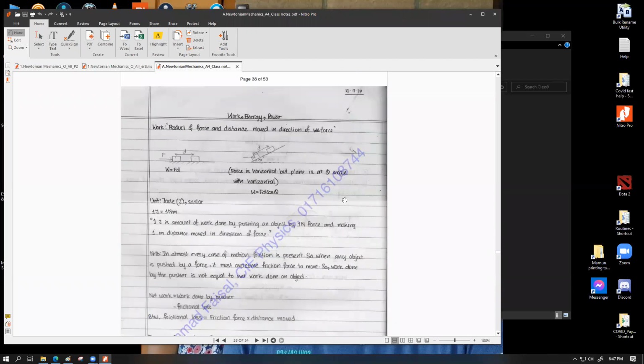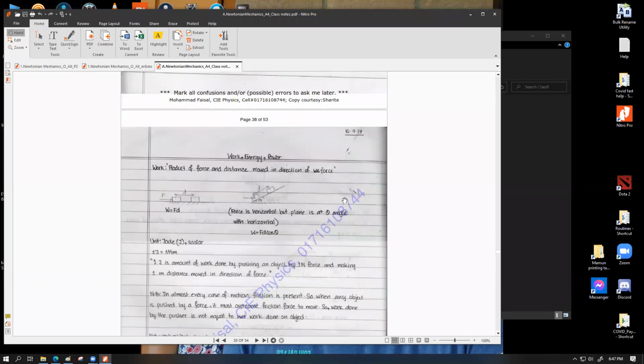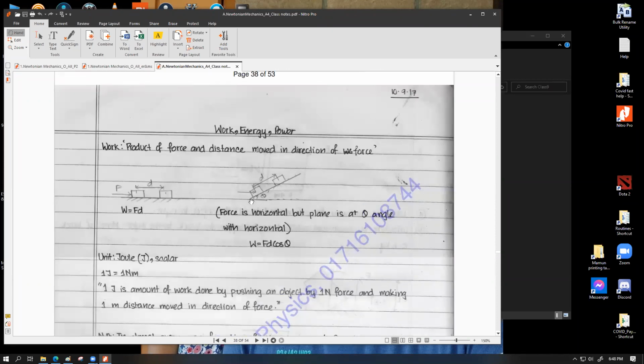So for work energy power over here, have a look at the definitions. Work is defined as the product of the force and distance in the direction of the force, which is pretty straightforward. So work is given by force into distance along that direction. If the force is horizontal but the distance covered is at a bit of an angle, then we use the cosine ratio to measure the distance.